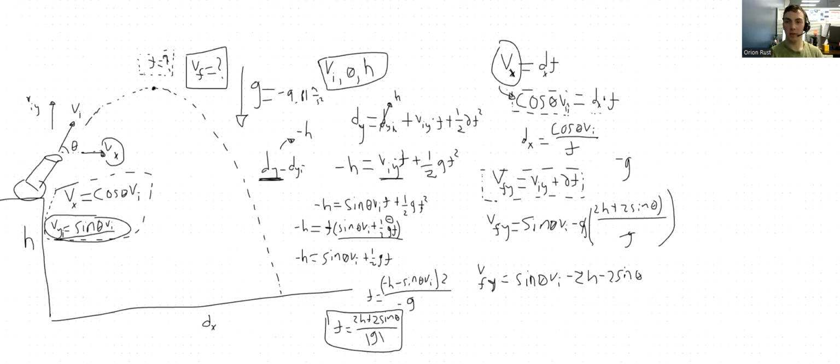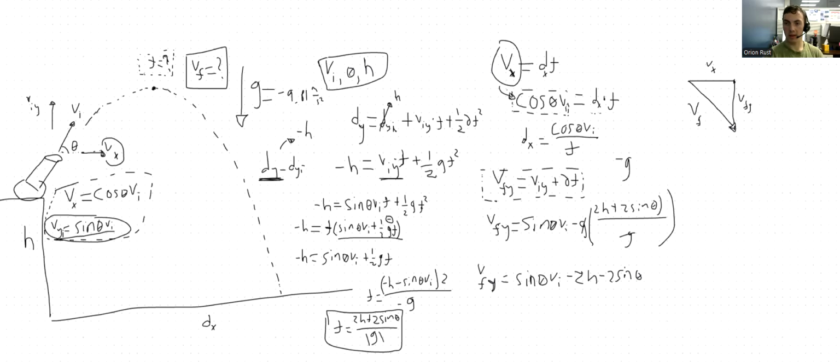So we have our final velocity, but what's going on? We have our final velocity in the X direction, which is our constant Vx, and then we have Vfy, our final Y direction velocity. Then how do we go about calculating Vf?